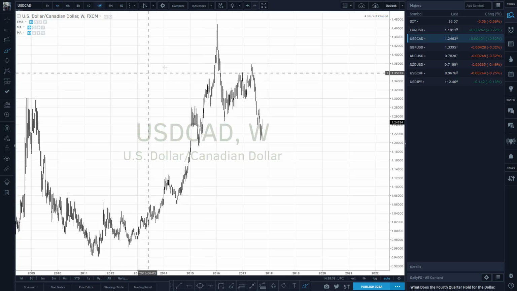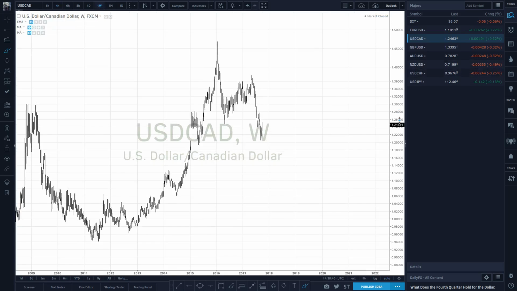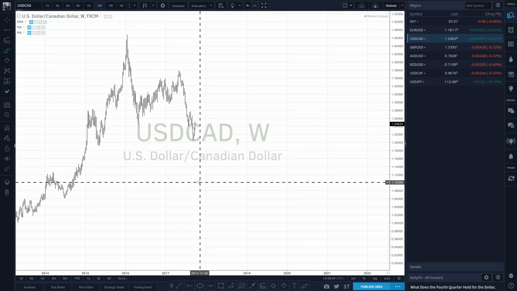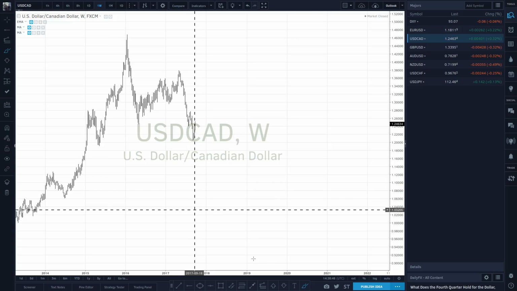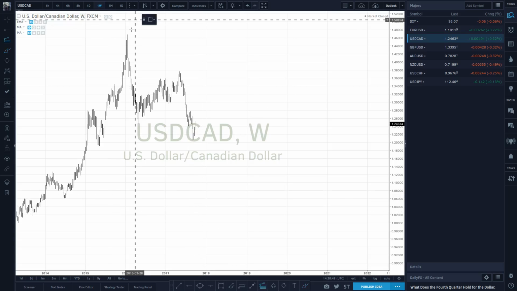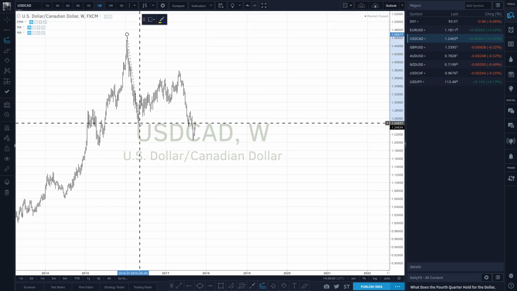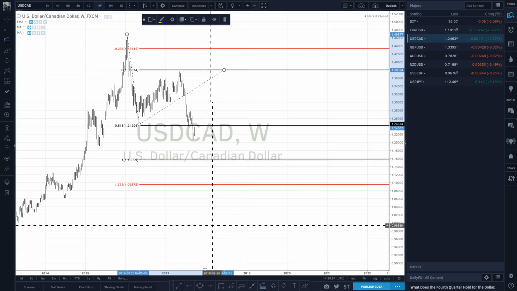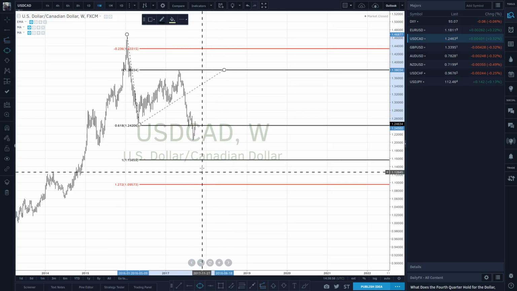Alright, starting with the weekly. You've got a nice little ABC, looks like an ABC pattern that's happening here. ABCs like to happen in equal legs.